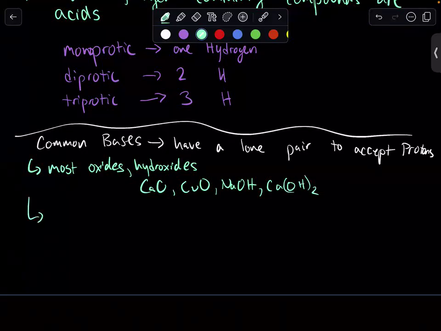Furthermore, in addition to oxides and hydroxides, carbonates and bicarbonates. Bicarbonate is just a fancy way of saying hydrogen carbonate.